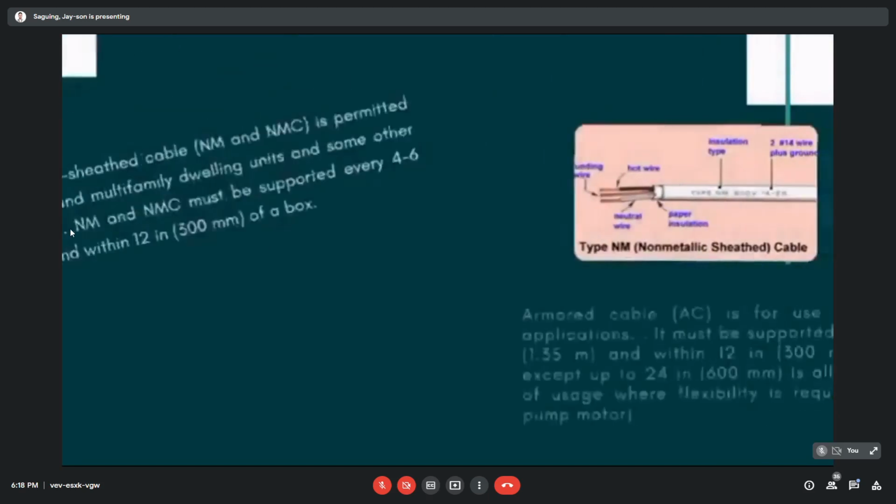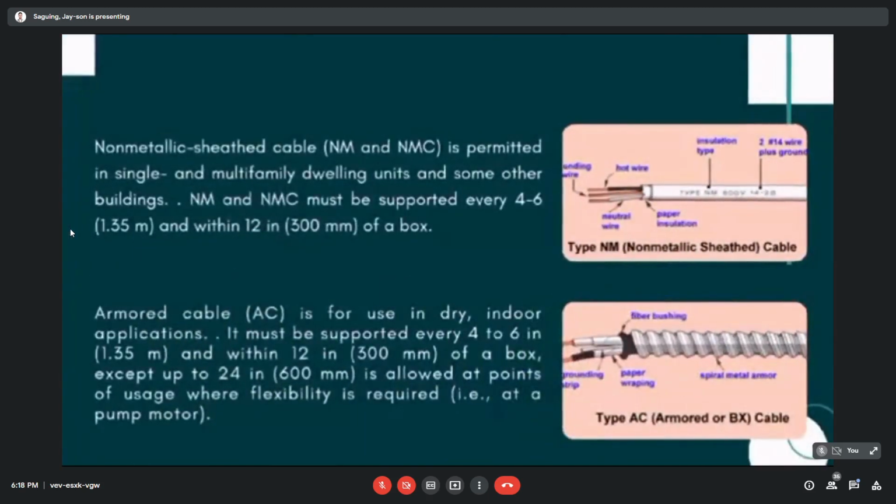So moving on to cables, we have here non-metallic sheath cable. It is permitted in single and multi-family dwelling units and some other buildings. It cannot be used in underground buildings that are more than 3 stories above grade or in commercial garage, motion picture studios, theaters, and places of assemblies, and other corrosive and hazardous location.